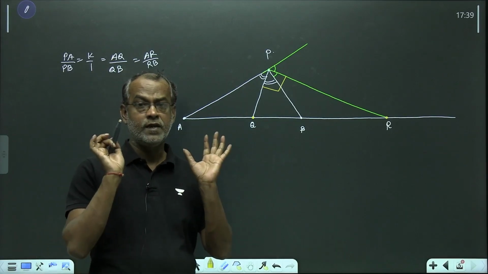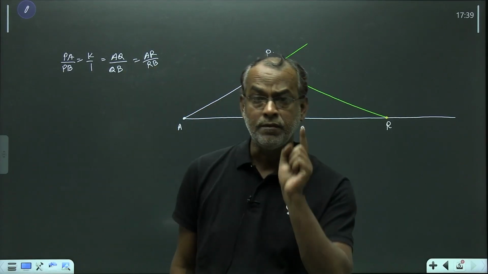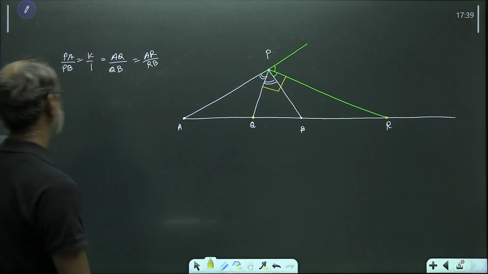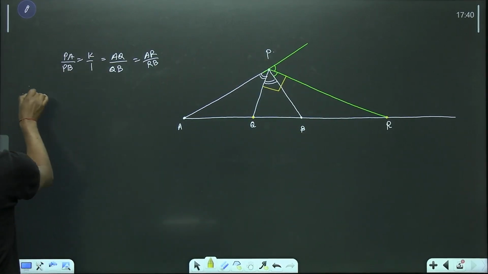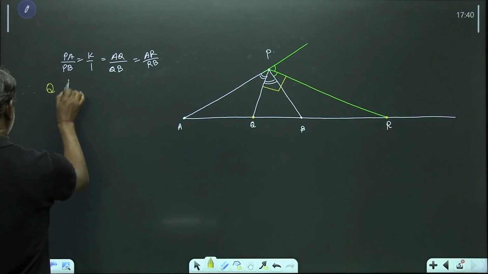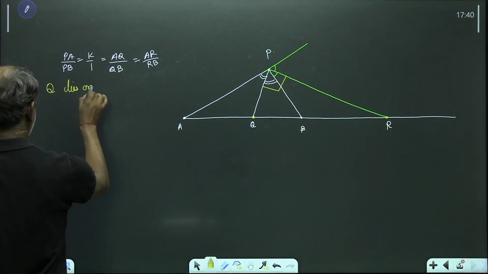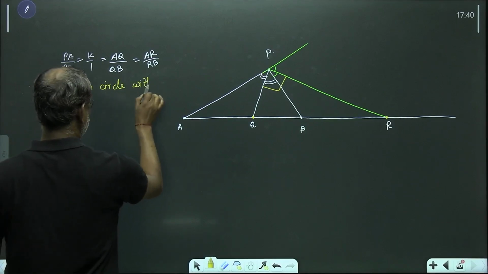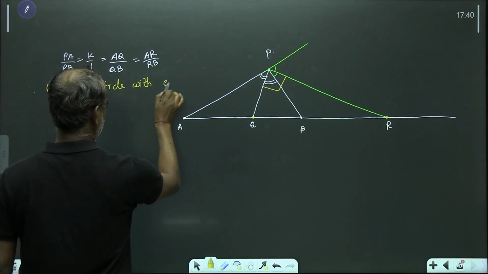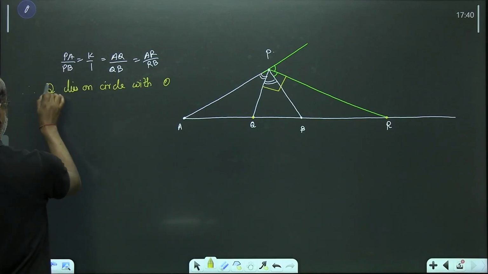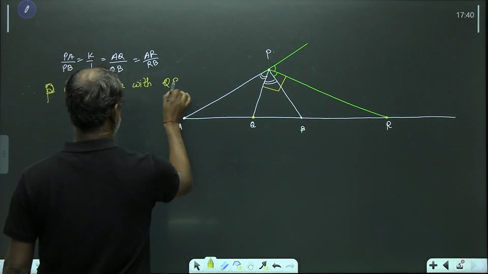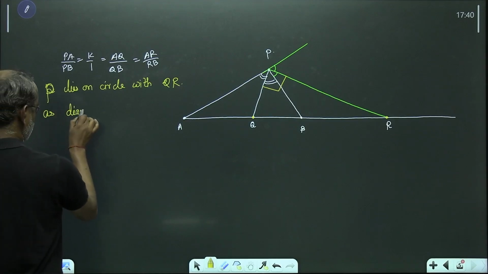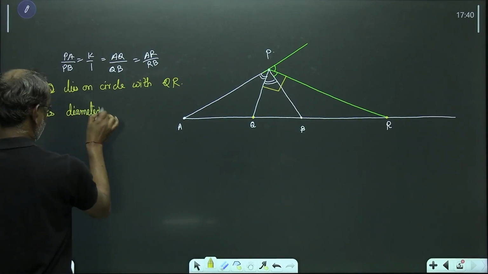So, what have we read? Angle in a semicircle is a right angle. So, therefore, P lies on the circle with QR as diameter.